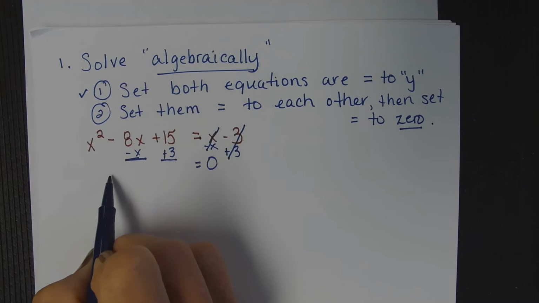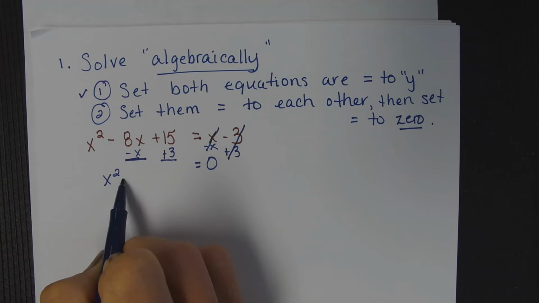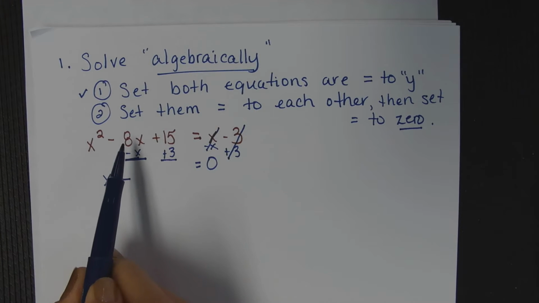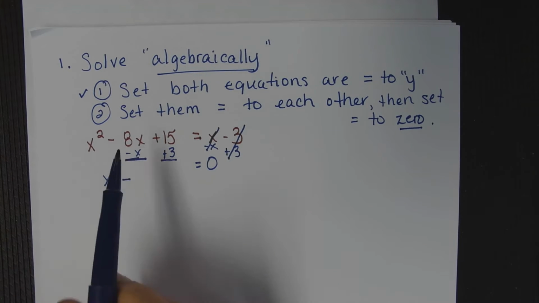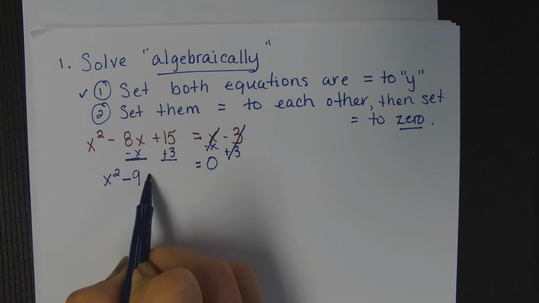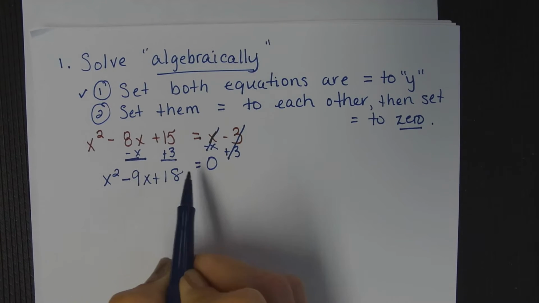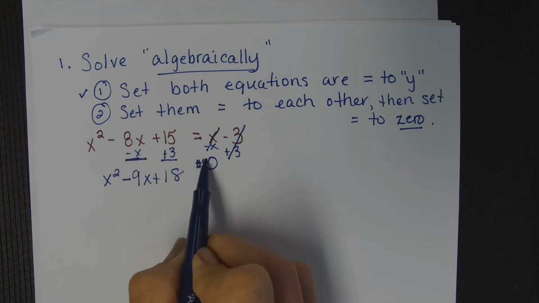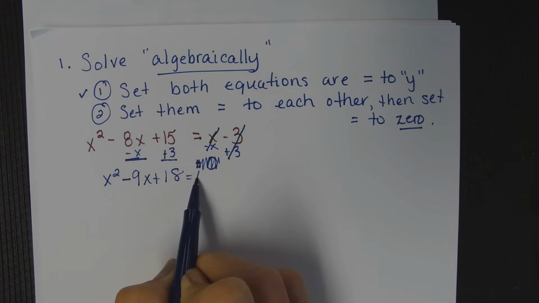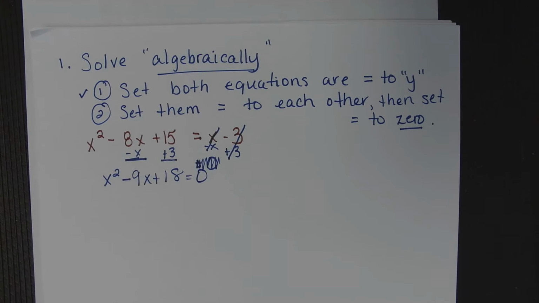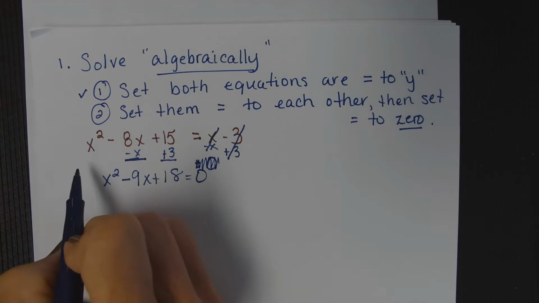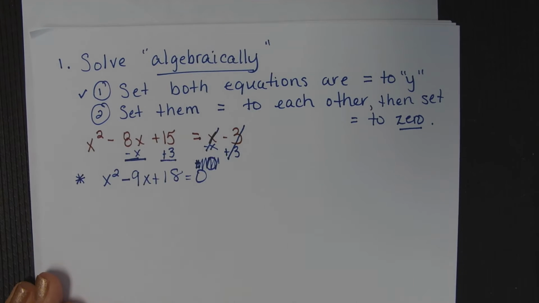So our new equation is x squared minus, how many x's do I have here? 9. 9x plus 18 equals 0. And here is where we are.